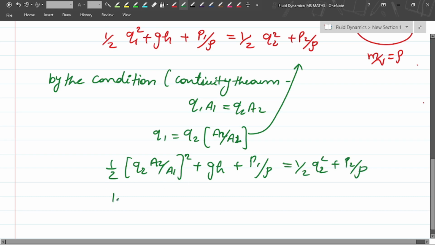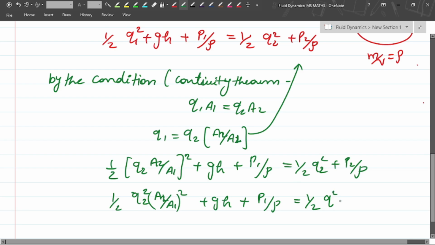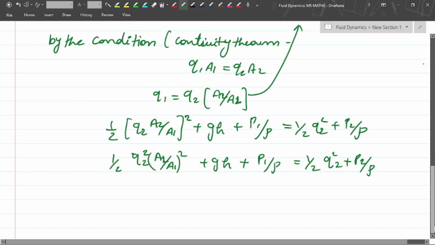Now we have 1 by 2 q2 square (a2 upon a1) all square plus gh plus p1 upon rho is equal to 1 by 2 q2 square plus p2 upon rho.